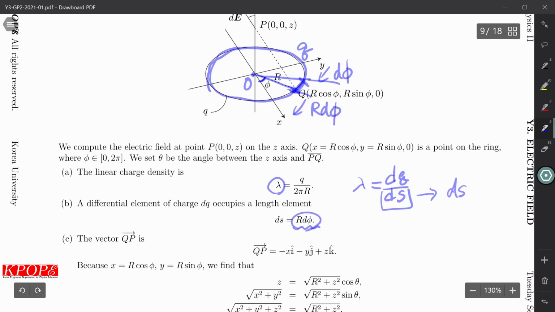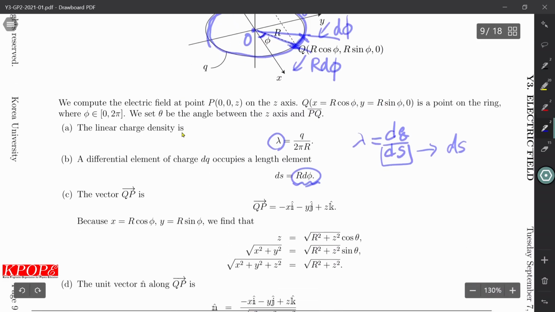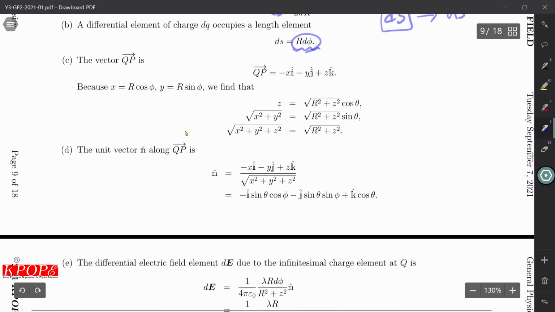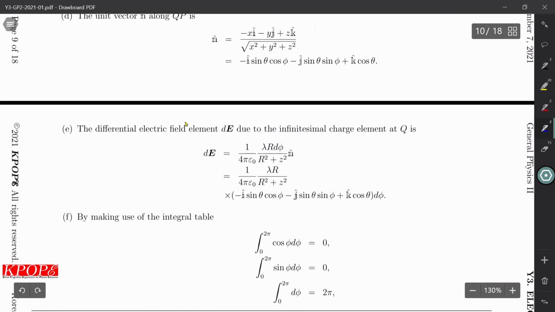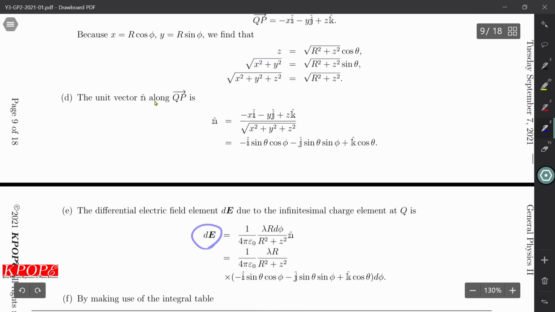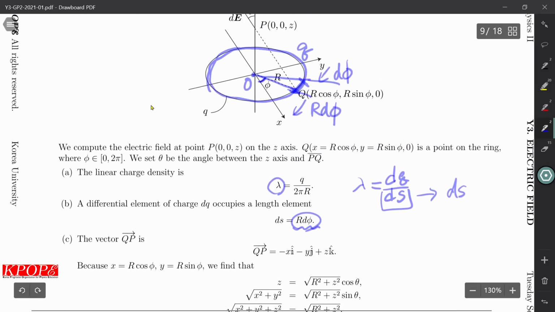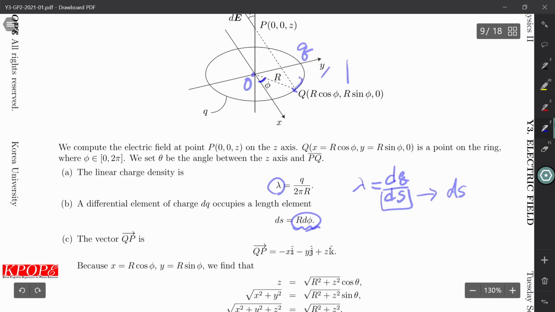It's r d phi. Now we compute the electric field due to this small line segment of r d phi.